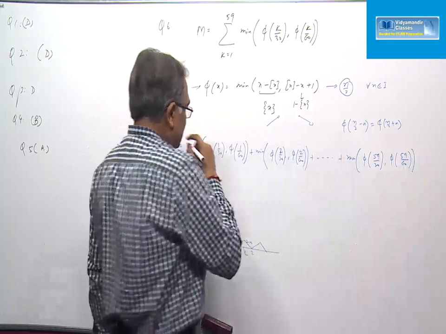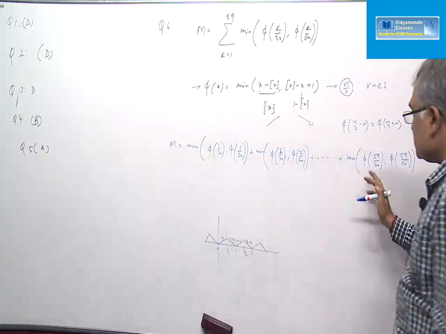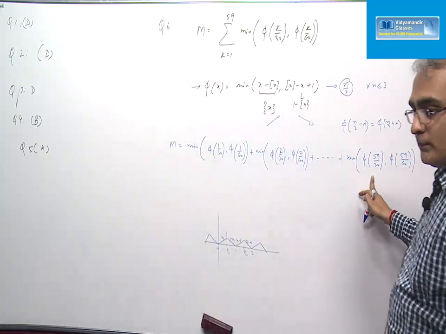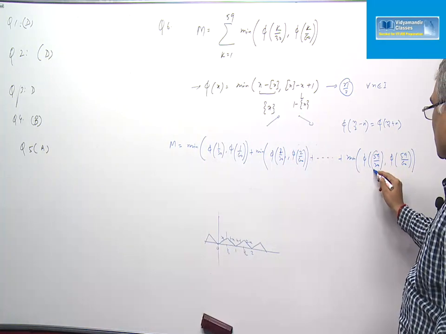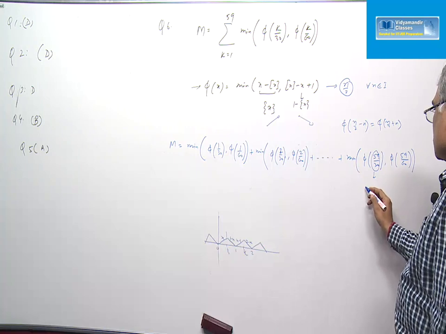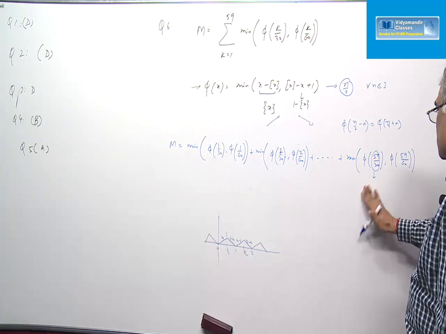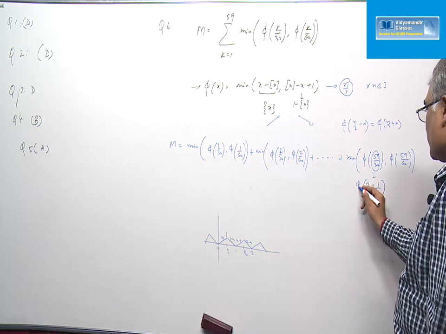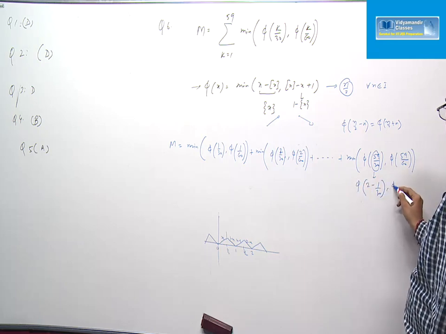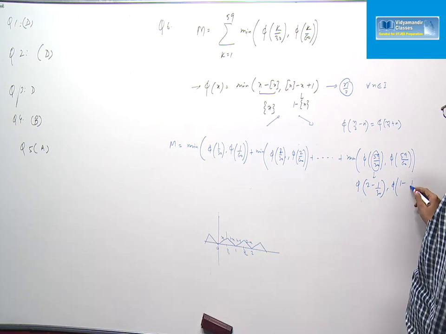Now, you can write this 59 by 30 as 2 minus 1 by 30, and you can write this as 1 minus 1 by 60.